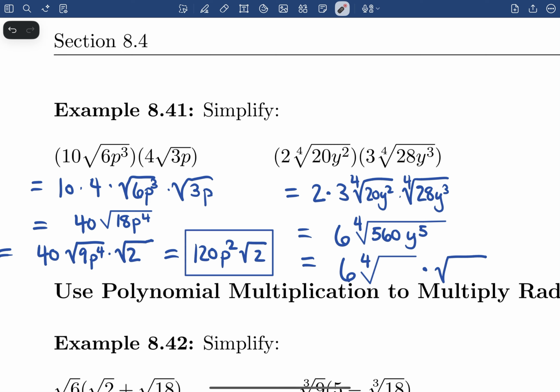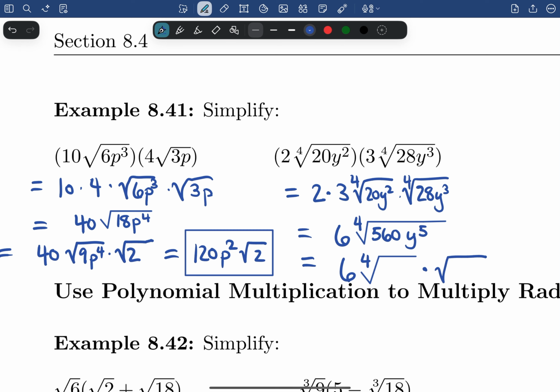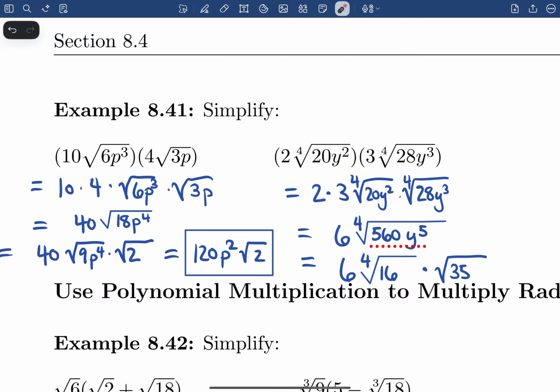And the fourth power that I can think of would be 16. The perfect fourth of 16. If I multiply it with 35, that's what will give me 560. 16 times 35 is 560.